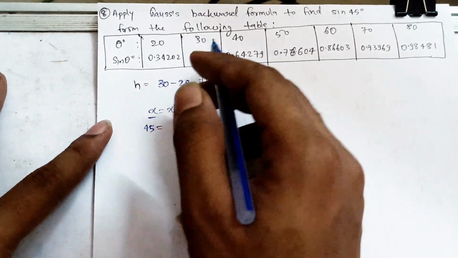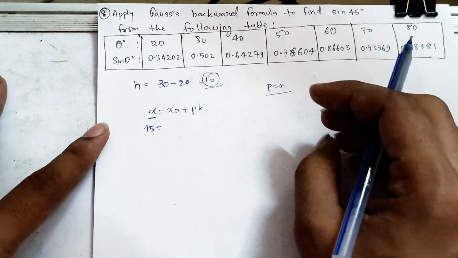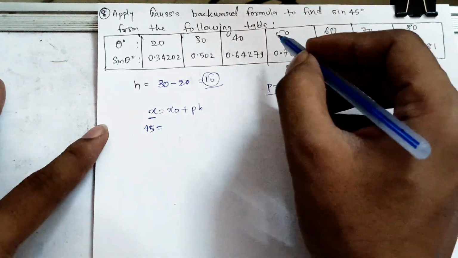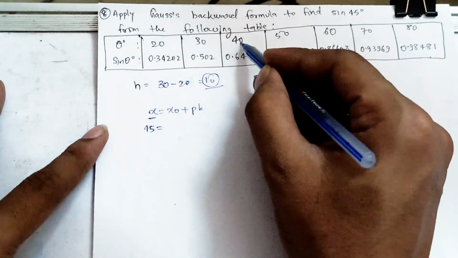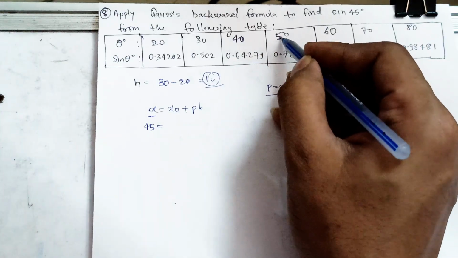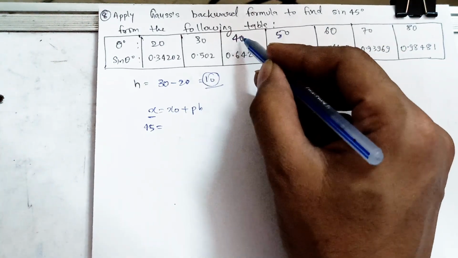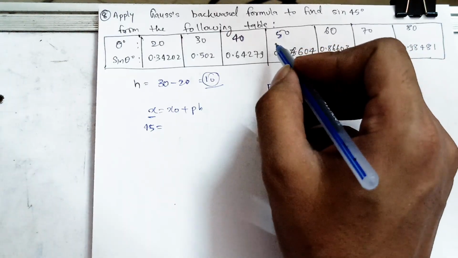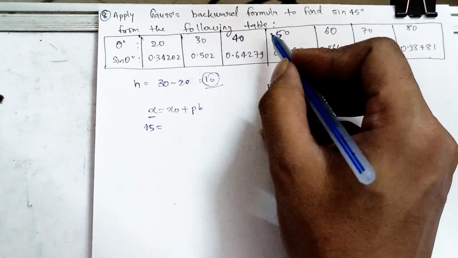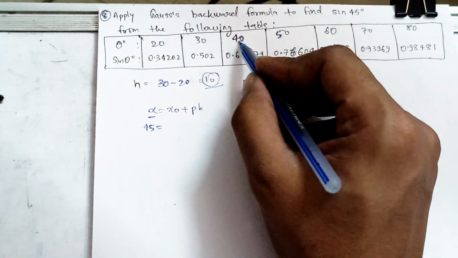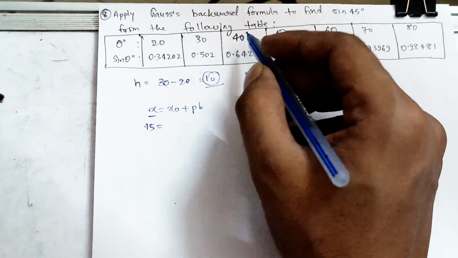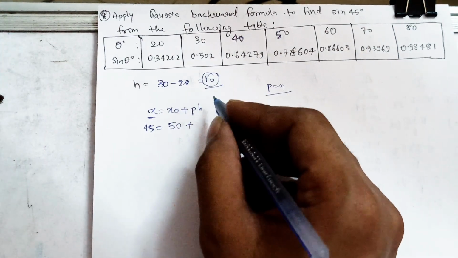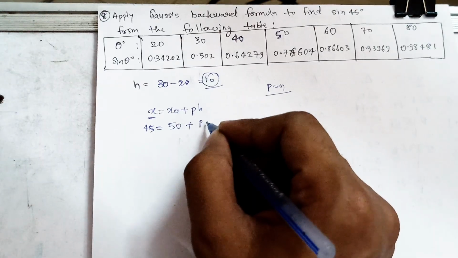In the Gauss backward formula interpolation, we usually use the bottom side value. Since 45 lies between 40 and 50, we choose 50, since it is at the bottom and 40 is on the top. So choosing 50, and since h equals 10, we have p into 10.